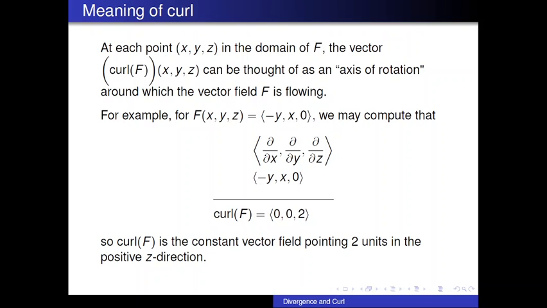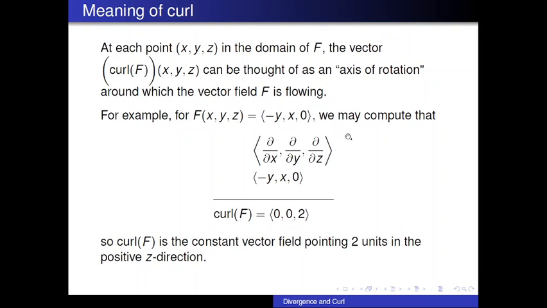Let's make that a three-dimensional vector field by just setting the third component to always be 0, so that we have that same behavior in the xy plane at every single height z. So then it looks like the z-axis is an axis around which this vector field is flowing.